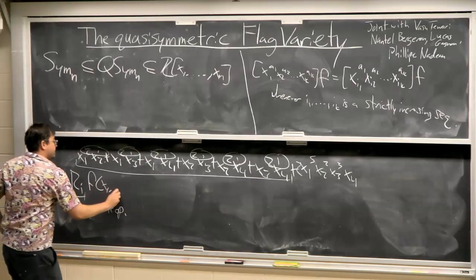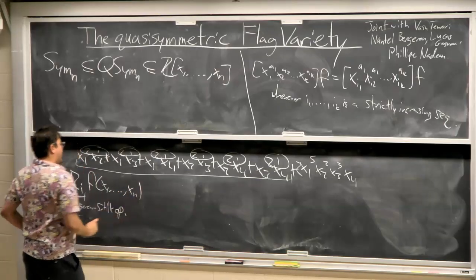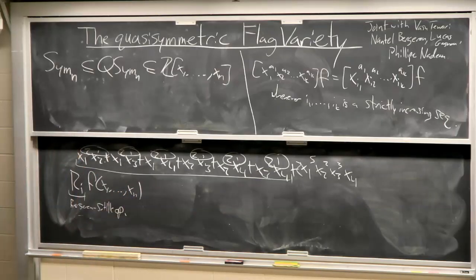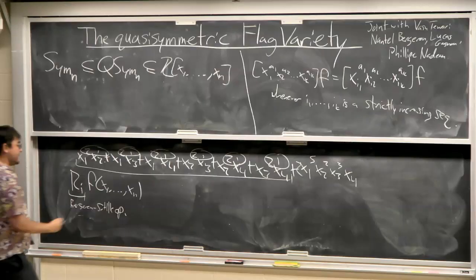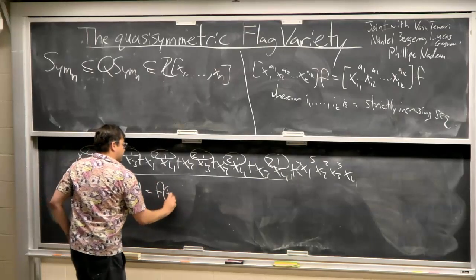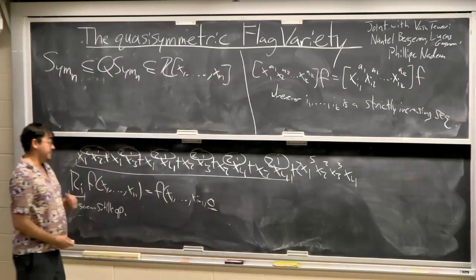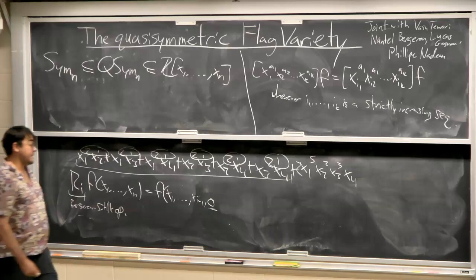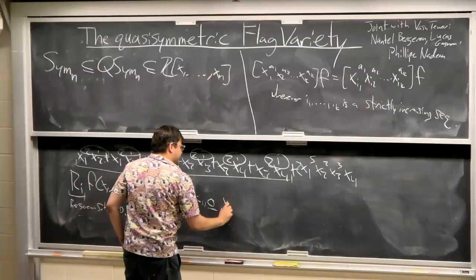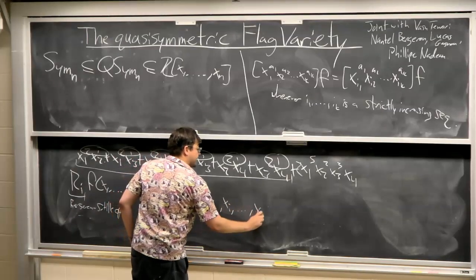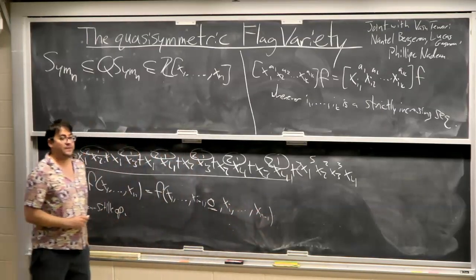It's going to do something very interesting, or not interesting, depending on your point of view. What it's going to do is stick 0 into the ith variable, and then reindex all future variables back by 1.